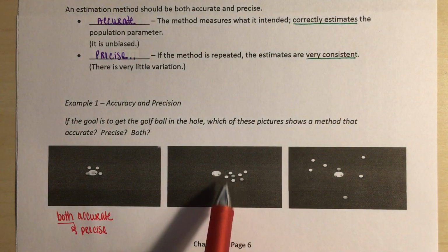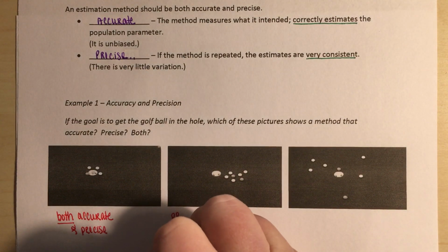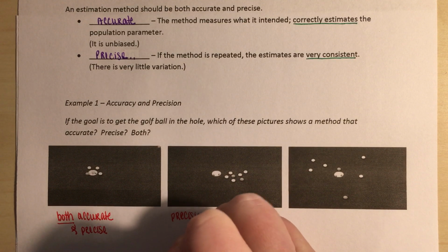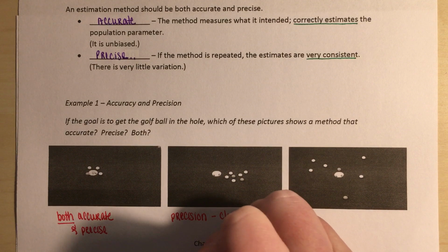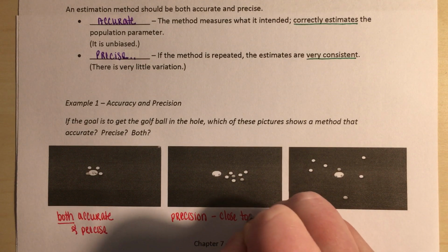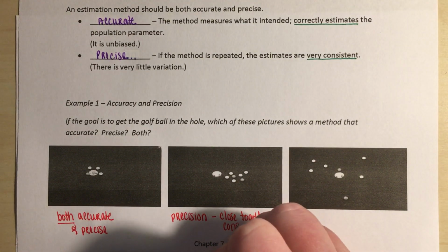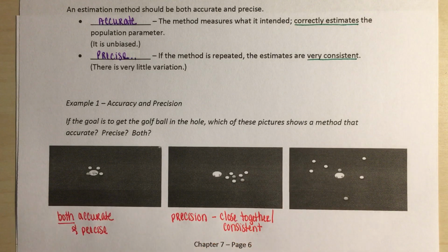This one we see a cluster that are kind of close together. So this one is going to show precision, right? Because they are close together or consistent. Right.